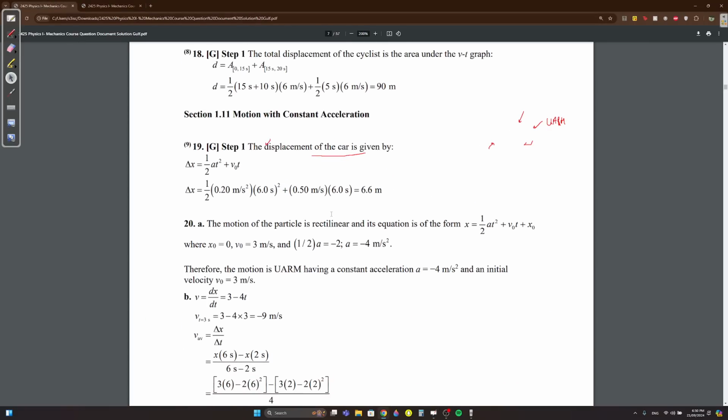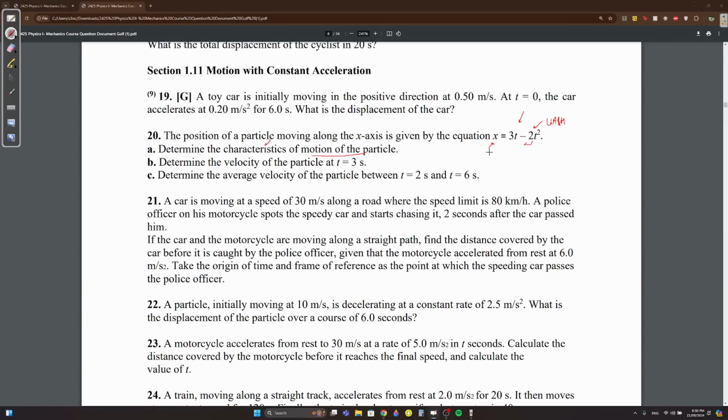So the motion of the particle is rectilinear, and it's of the form x equals half at squared. The first thing I like to do, I hate it when the leading term is not the highest power, so I rewrite it as minus 2t squared plus 3t.